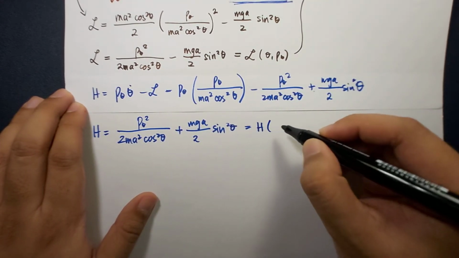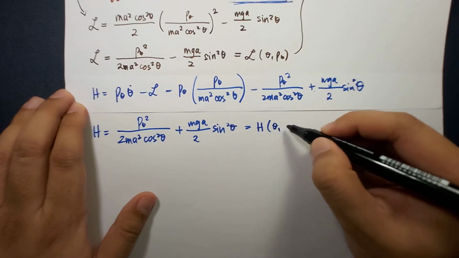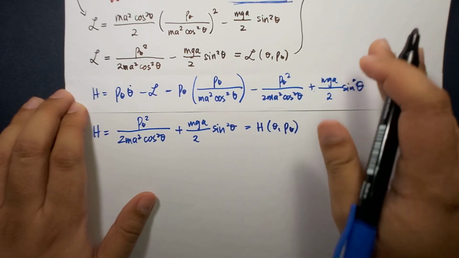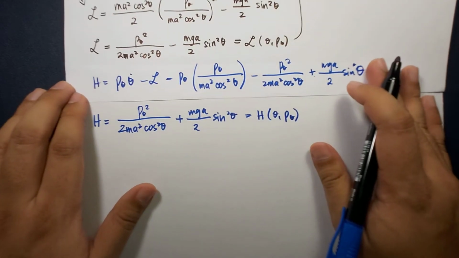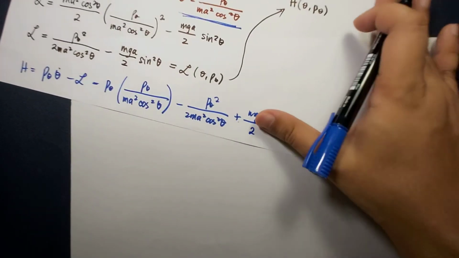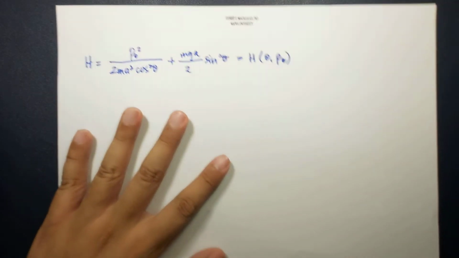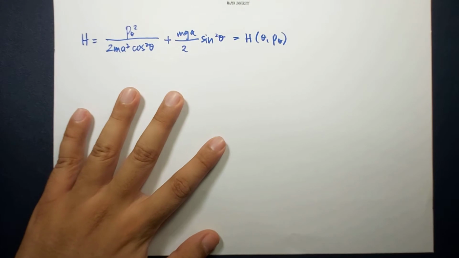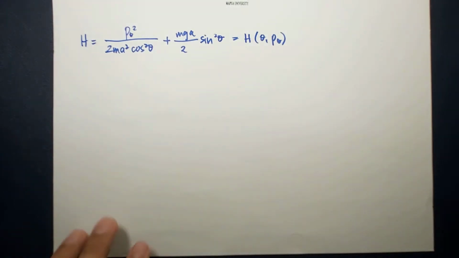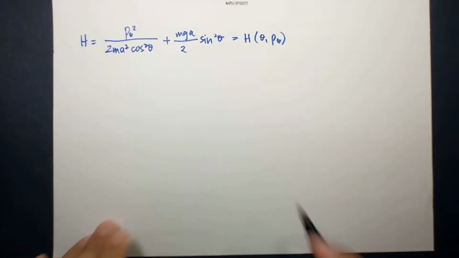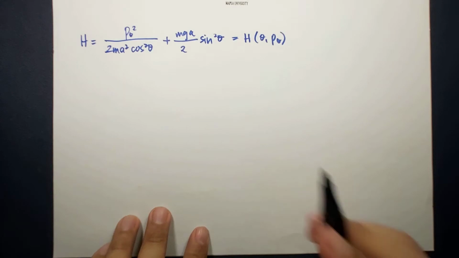So our Hamiltonian is now a function of theta and p theta. Okay, now let's compute the equation of motion. The equation of motion will be expressed as follows.